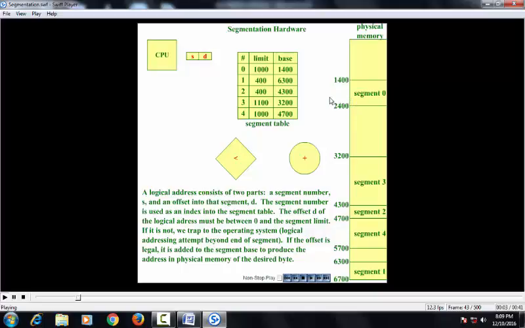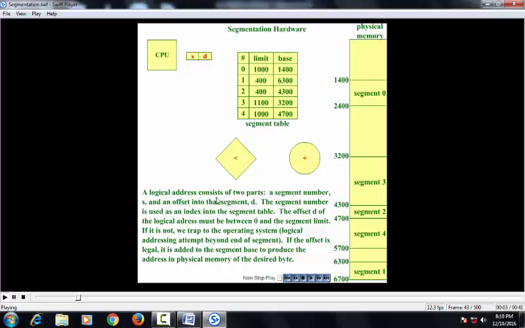Because each segment has different limits, we have a very specific requirement. For example, segment 0 contains 1000 lines and we are interested to load 900 lines. So we can do these things in that way.